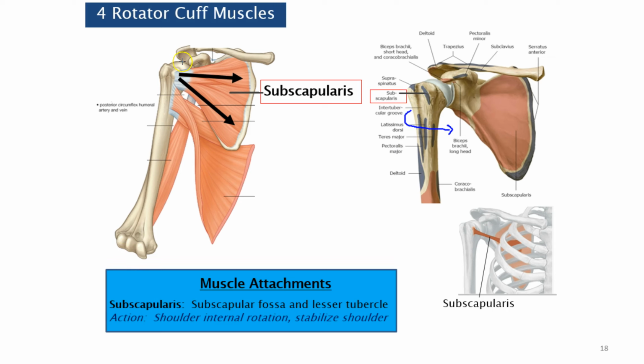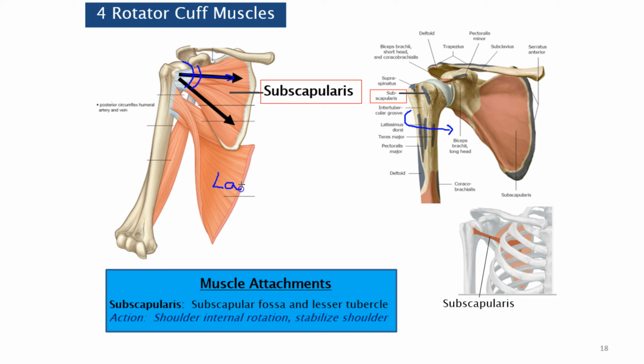I want to emphasize the purpose also of the subscapularis, along with the other three rotator cuff muscles, to bring the glenohumeral joint together, or to bring the humeral head into the shallow glenoid fossa. So again, it's here to stabilize the glenohumeral joint. I also want to point out a couple more things while we're here.